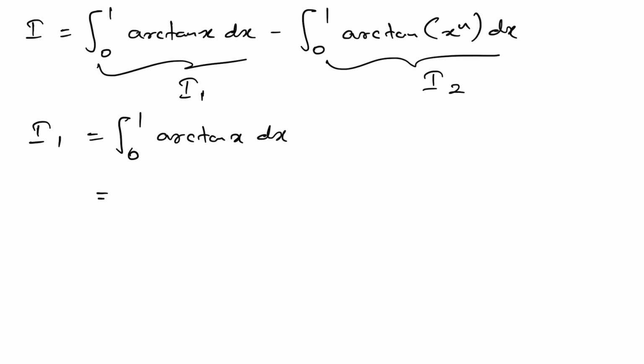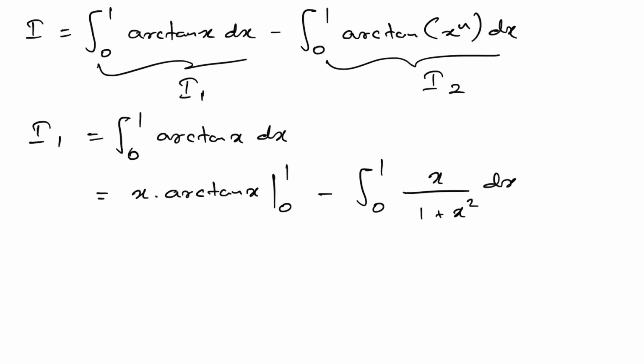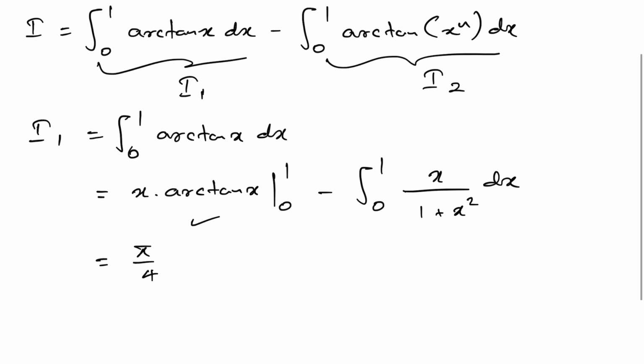So we have x times arctan of x from 0 to 1, minus the integral from 0 to 1 of x times the derivative of arctan of x, which is 1 over 1 plus x squared, dx. Applying the limit, arctan of 1 is pi over 4, so we have pi over 4 minus.